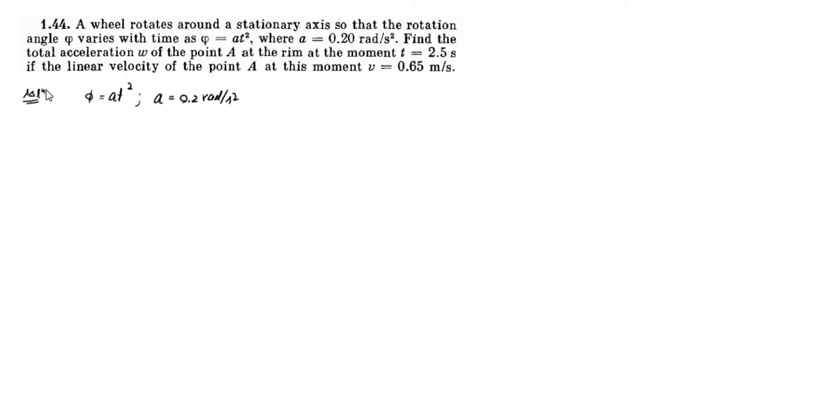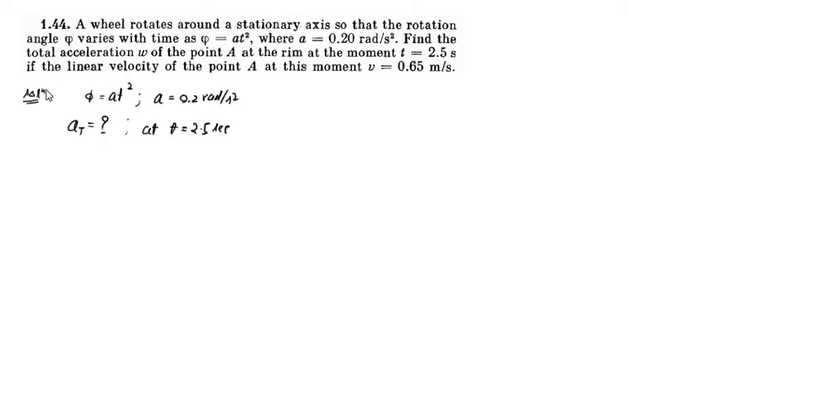So we need to calculate the total acceleration at t equals 2.5 seconds. It is also given that the linear velocity of point A at this moment is 0.65 meter per second.